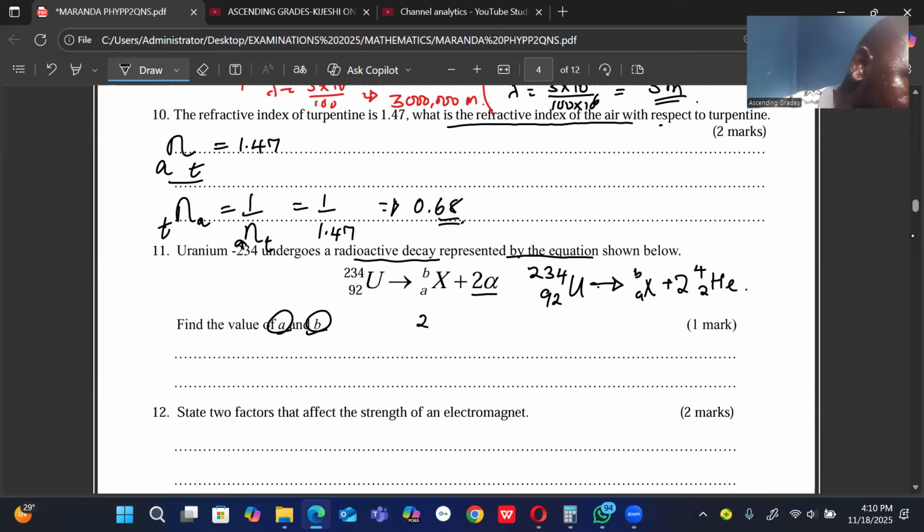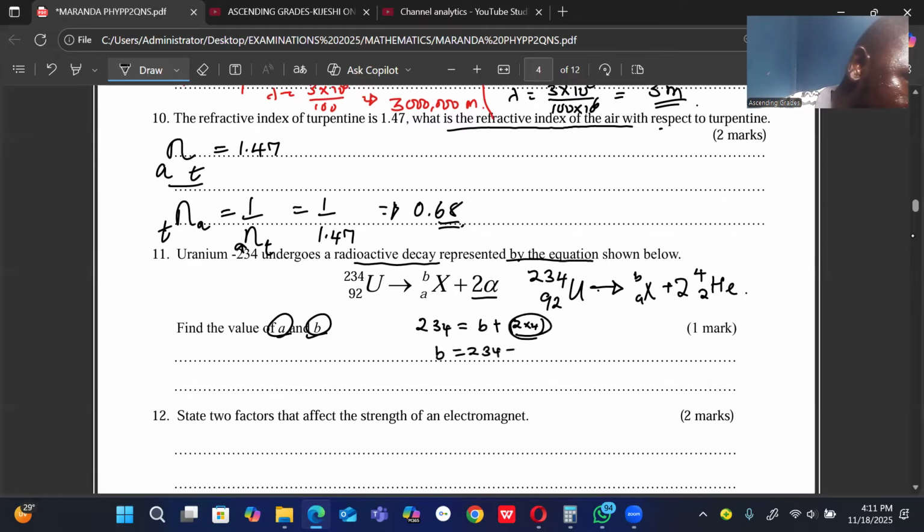Taking the upper part, the mass numbers, 234 will be the same as B plus 2 times 4. So this becomes 8, and my B becomes 234 minus 8, which comes to 226.